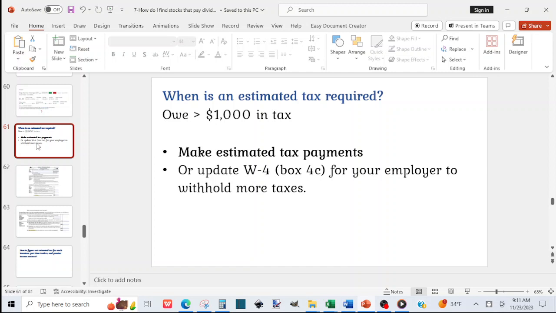Those rules exist for Roth IRA and IRA. For a Roth IRA, you do not pay tax on the income or profit that you are generating investing inside a Roth IRA.